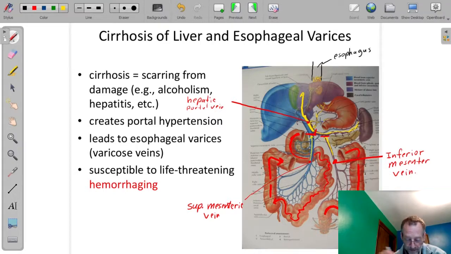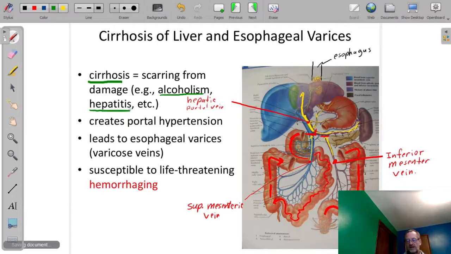Now, if the liver is damaged, well, lots of different things can damage the liver, unfortunately, but cirrhosis from various causes, which is scarring of the liver. But cirrhosis can be caused by chronic alcoholism or hepatitis, or drug toxicities can damage the liver.